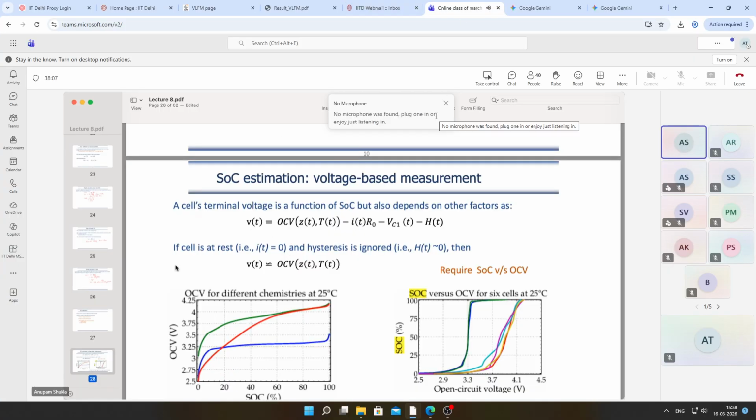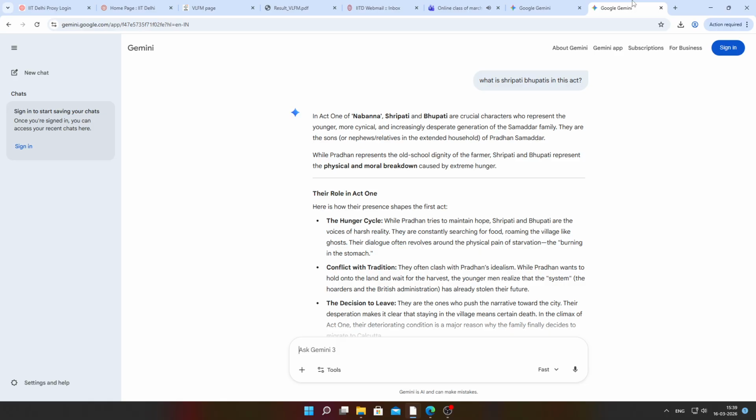For the moment, think of situations where the cell is at rest, that is, no current is being drawn. And also ignore the hysteresis, so this element is zero. This element is zero. Also, this VC1 will drop down to zero if we have waited for sufficient time after the current flow through the cell becomes zero.